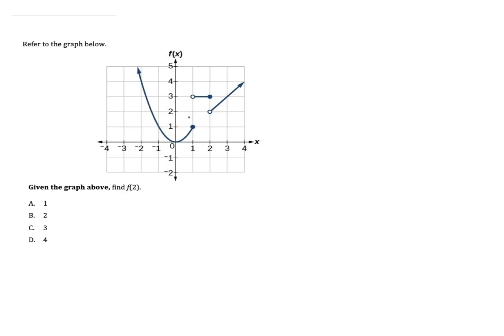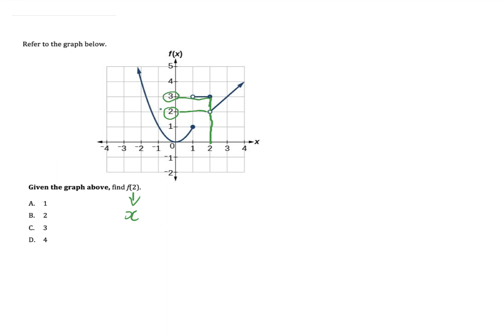Refer to the graph below. Here's my graph. I have to find f of 2. I know that 2 represents my x value. I go to the x-axis and find 2, which is here. I go up and touch my graph. Now I'm touching my graph at 2 places. This is called a piecewise function. So I'm either touching here, where if I go across that y value is 2, or here, where that y value is 3.